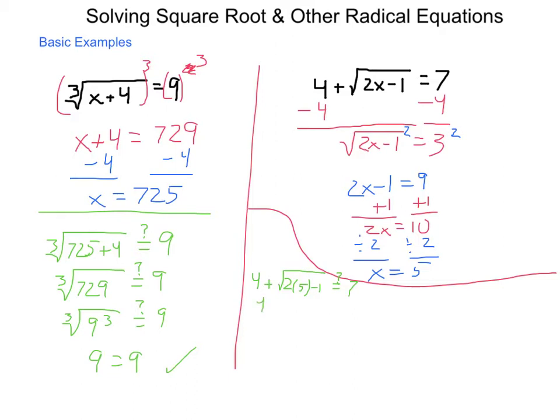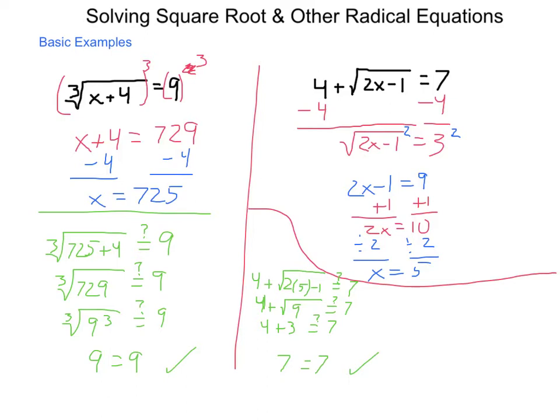I have 4 plus, I'm going to save a few steps here, square root of 2 times 5 is 10, minus 1 is 9. And I want to know, is that equal to 7? So I get 4 plus 3. Is that equal to 7? And I come out with 7 equals 7. So that checks out also.